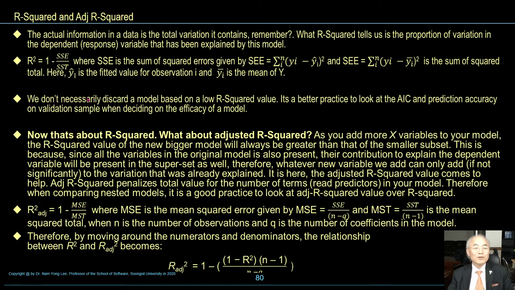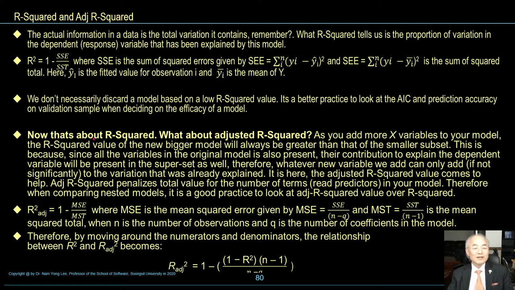We don't necessarily discard a model based on a raw R squared value. It's better practice to look at AIC, Akaike Information Criterion, and prediction accuracy on a validation sample when deciding on the efficacy of a model.